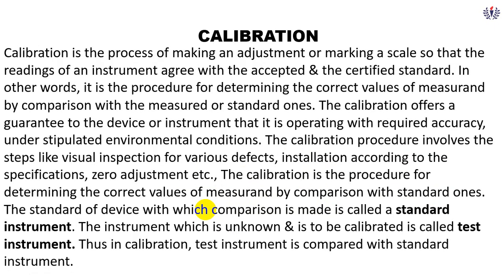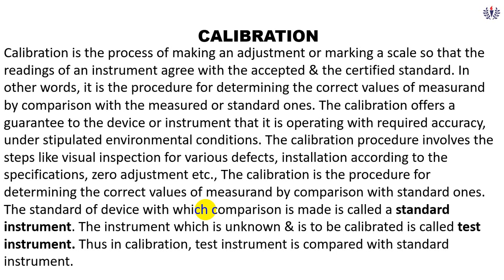Next one is the important thing, that is the calibration. It is nothing but you are going to compare with the standard. Calibration is the process of making adjustments or marking a scale so that the readings of the instrument agree with the accepted and certified standard. In other words, it is the procedure of determining the correct value of the measurand by comparison with the measured or standard ones.